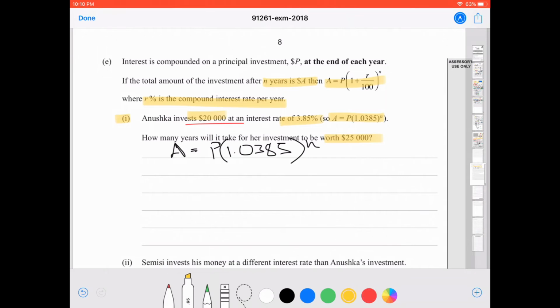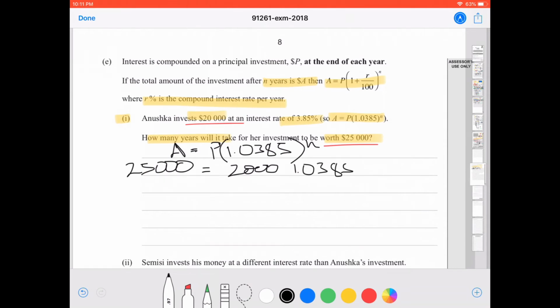It says how many years, so we're solving for n basically. Will it take for her investment to be worth $25,000? So this looks like $25,000 equals 20,000, which is P, times 1.0385, and we're solving for n here.